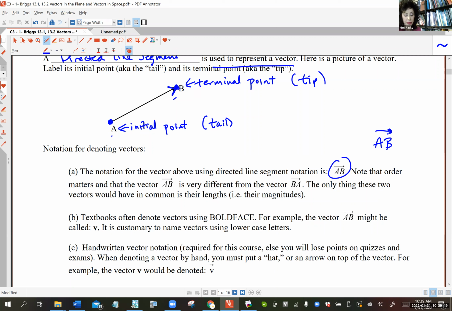Notice that order matters. The vector AB is different from the vector BA. What would the vector BA look like? It would look like this. I'm sketching it for you. BA would have the same length as AB, but it would be pointing in the exact opposite direction, where A is the terminal point instead.